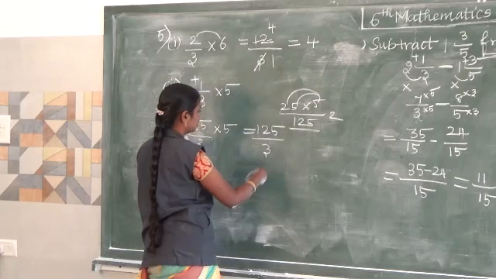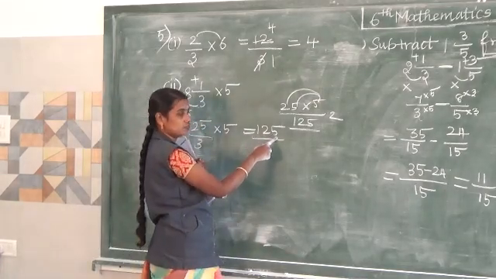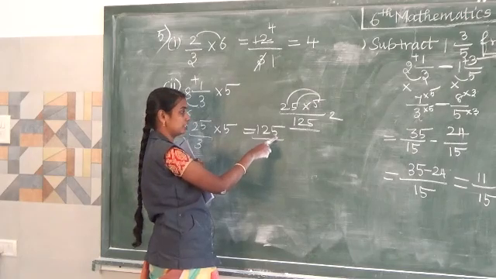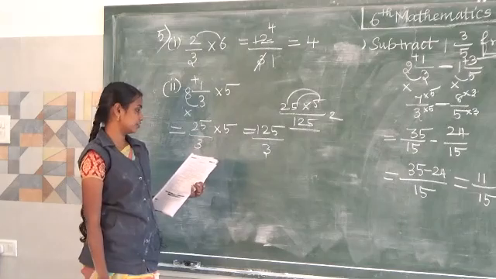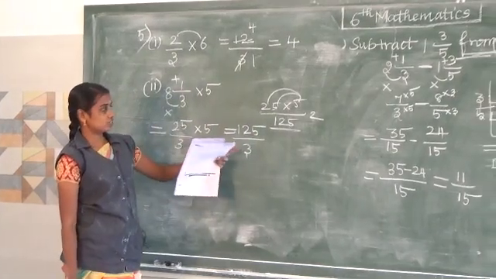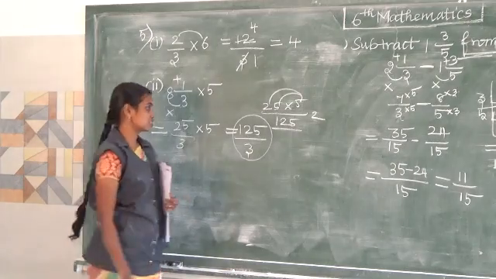125 by 3. 3 table, 12 can be cancelled, but 5 we cannot cancel. We will get the remainder, so you need not cancel. The answer is 125 by 3. It is which fraction? Improper. Convert into mixed one.